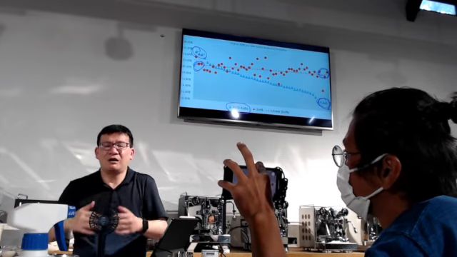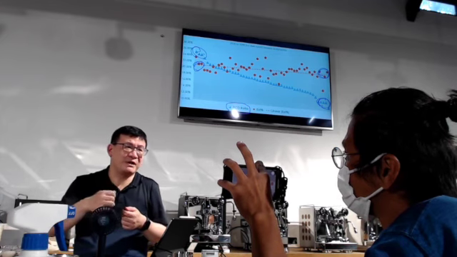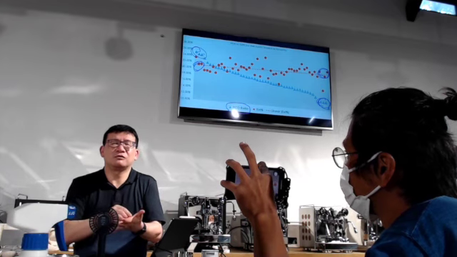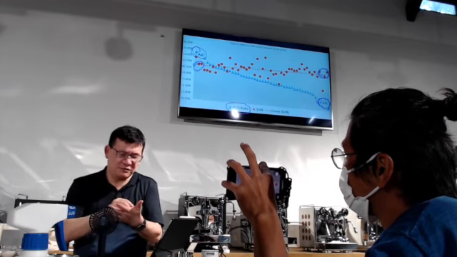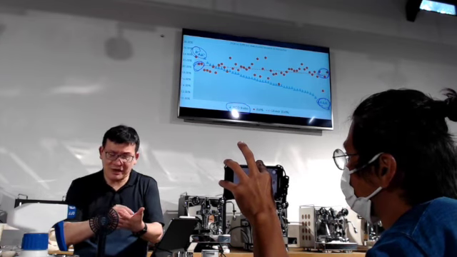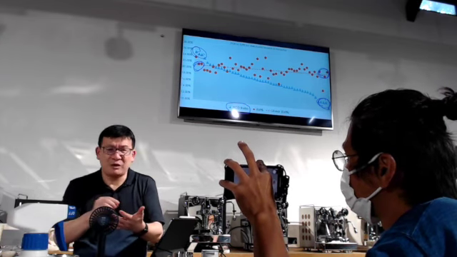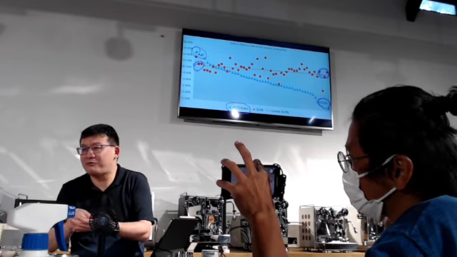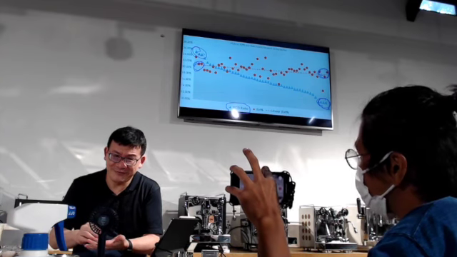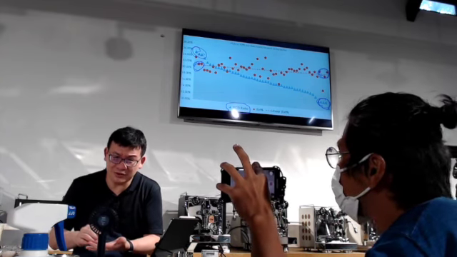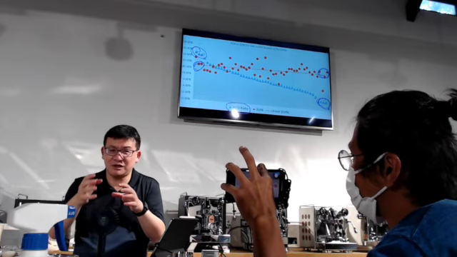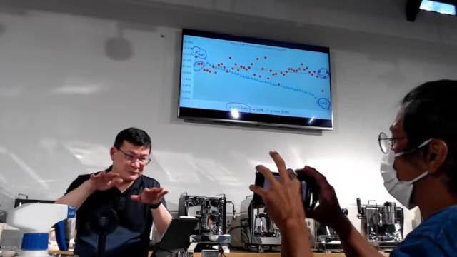Now a lot of cuppers, when they do the cupping, the first thing they want to do is write down the flavor: jasmine, apple juice, tangerine, peach. They want to write down a lot of flavor notes. Actually, it's not important. The most important thing is the sweetness, acidity, and body balance.